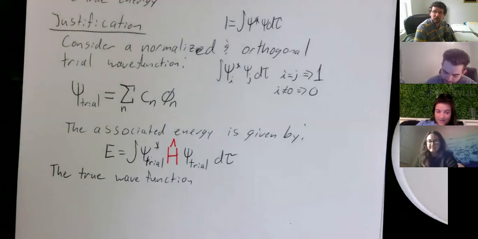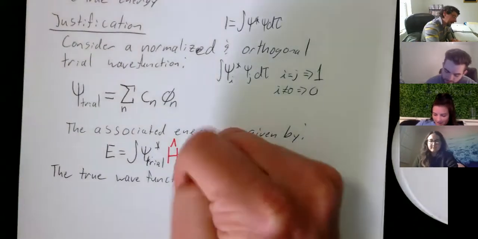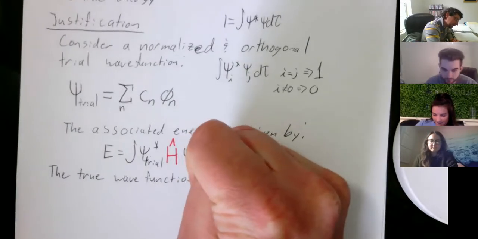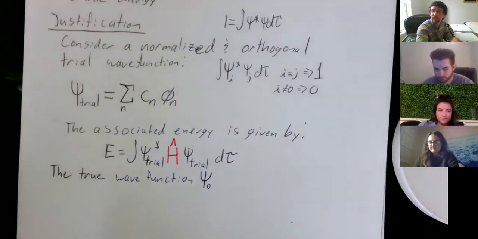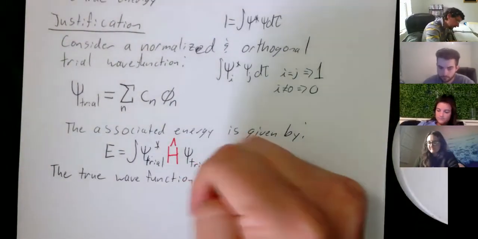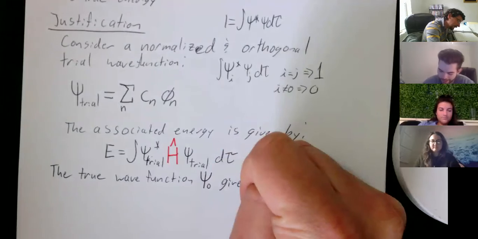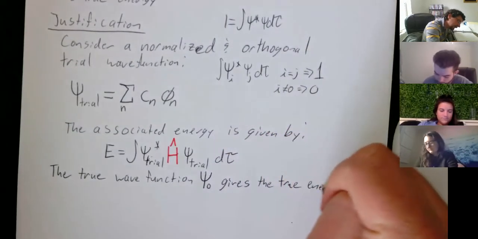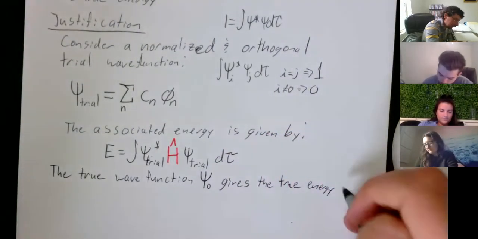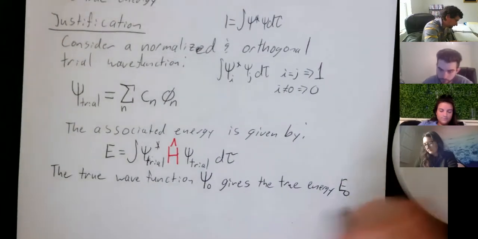So we're going to call the true wave function psi sub 0. This is the one that gives the actual energy, the true energy, and we're going to call that true energy E sub 0.